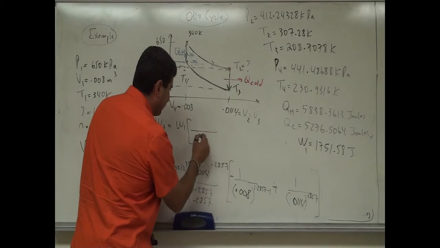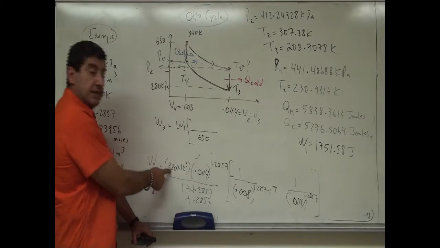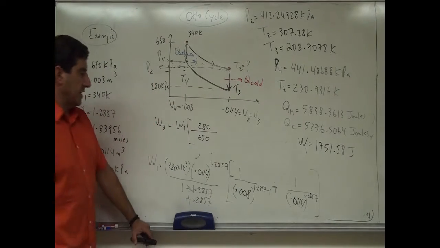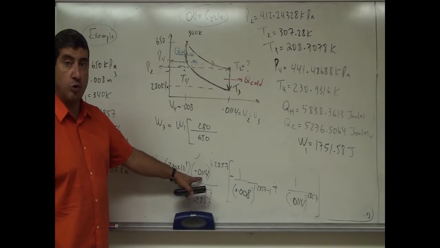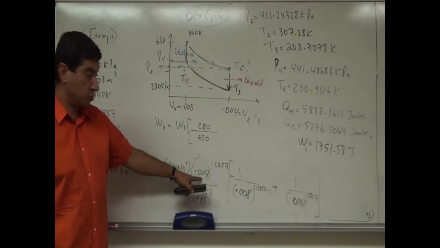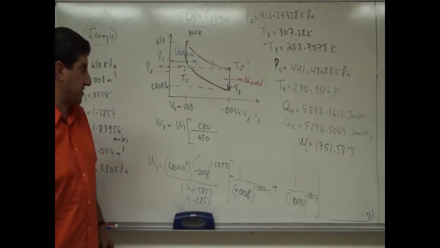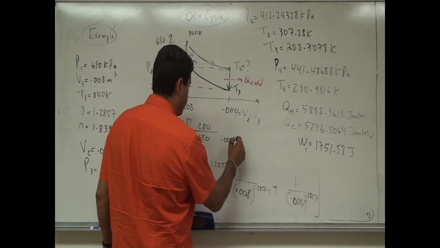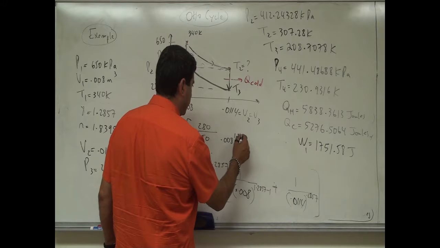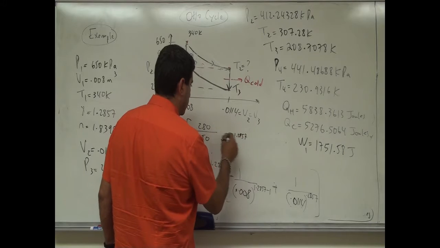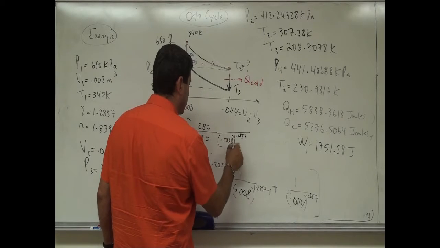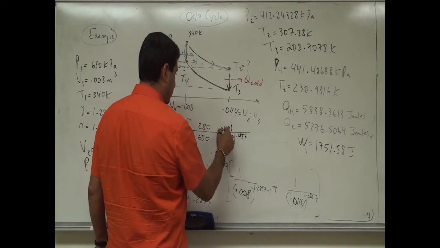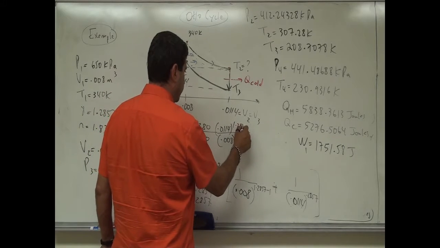So I'm going to divide by 650, but instead multiply by 280. And over here, it used to have 0.008 to the power 1.2857, so I'm going to divide by 0.008 to the power 1.2857, then multiply by 0.0114 to the power 1.2857.